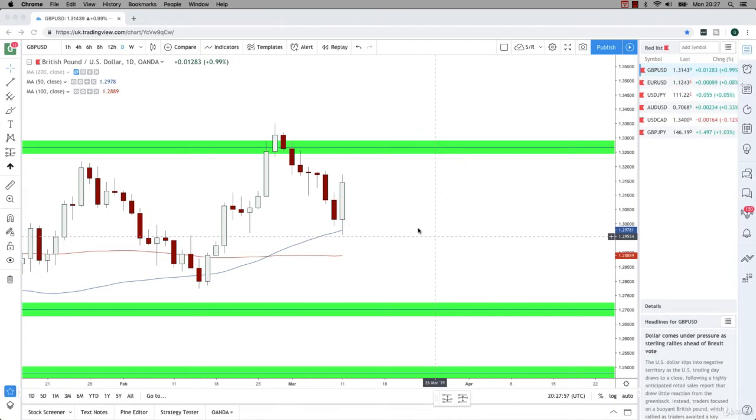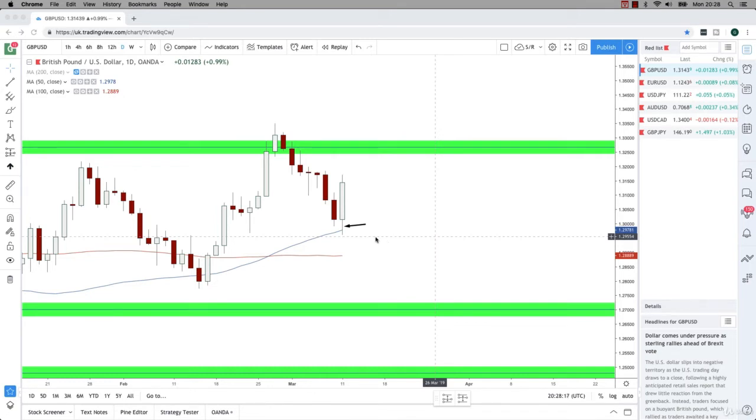Now the wicks represent the price movement within the day. So at some point today, price moved down and then reversed. So this is just the movement of the price. This is not where price has closed or opened.